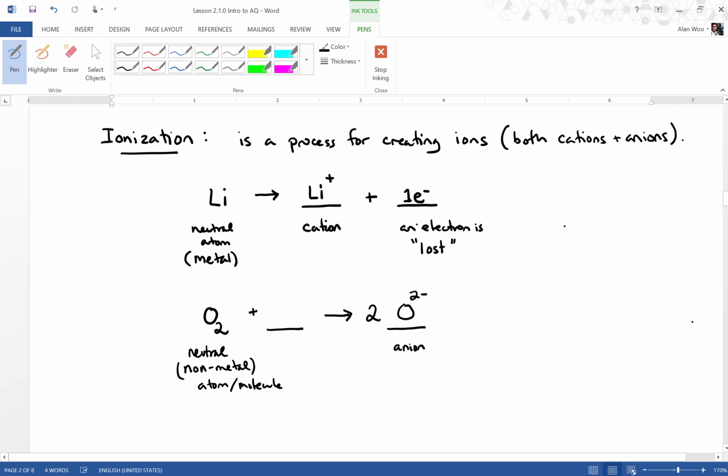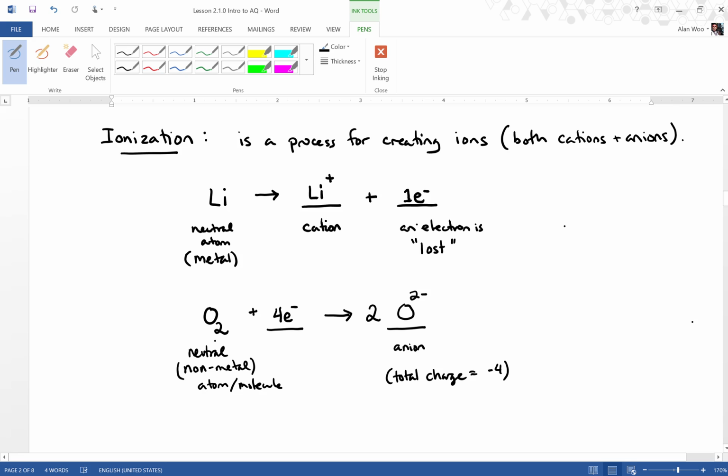So if you have an anion here with a 2- charge, and you have two of them, well, what's the total number of charges? The total charge is 4-. So that means on this side, I actually have to gain 4 electrons, because each atom of oxygen gains 2.